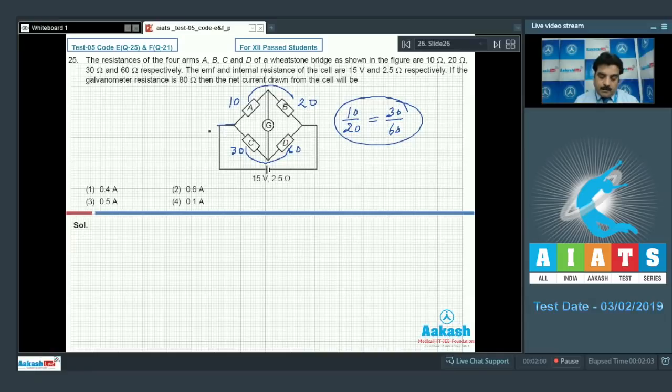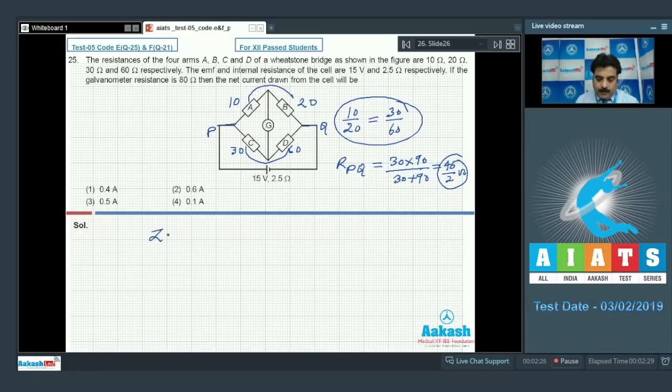If I consider this is point P and this is point Q, then for the net resistance between PQ we write 30 into 90 upon 30 plus 90. So we'll get 45 upon 2 ohm. This is the equivalent resistance.